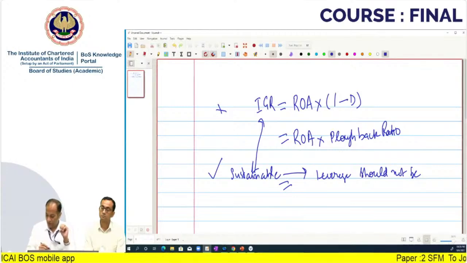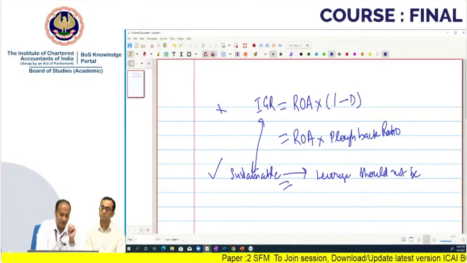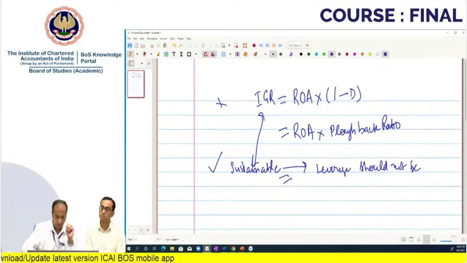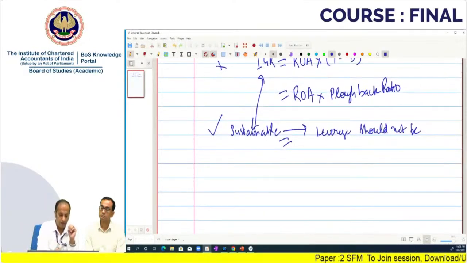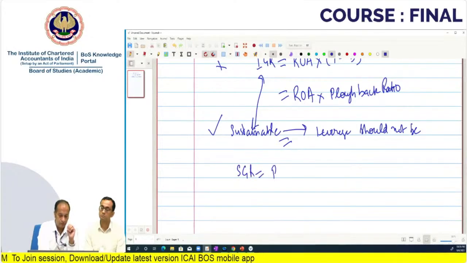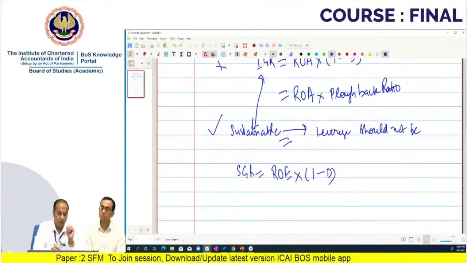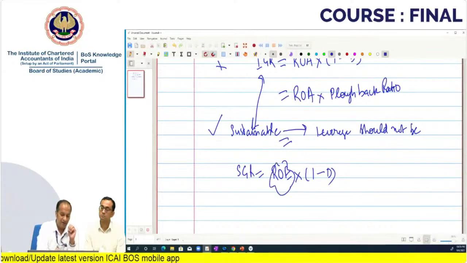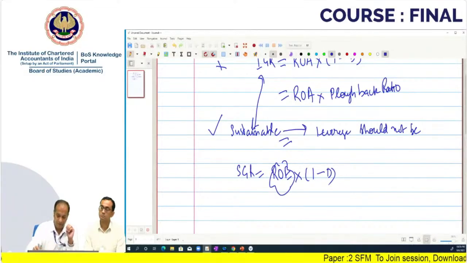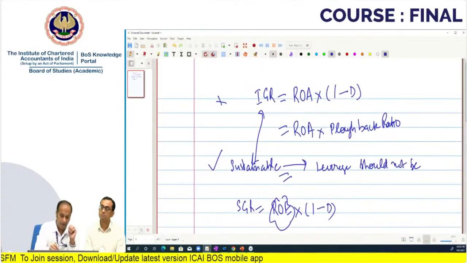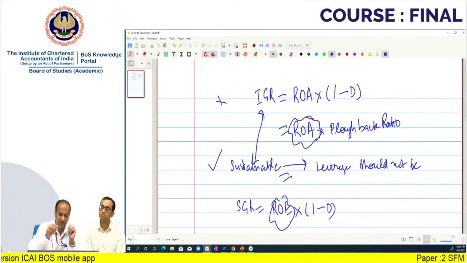Okay, so for this the formula is almost similar, the only difference is that... okay, so we can see here basically this is the formula. This is the differentiating factor.